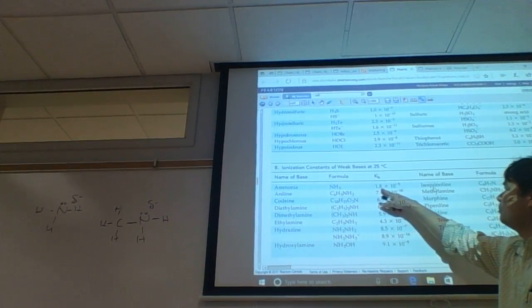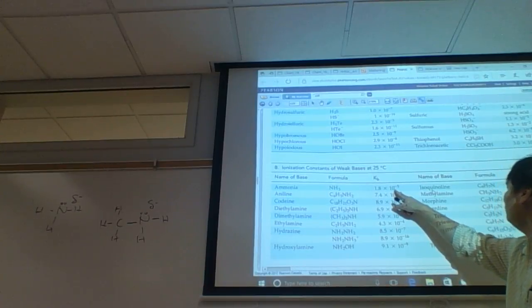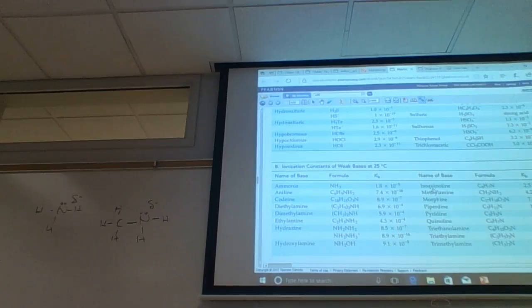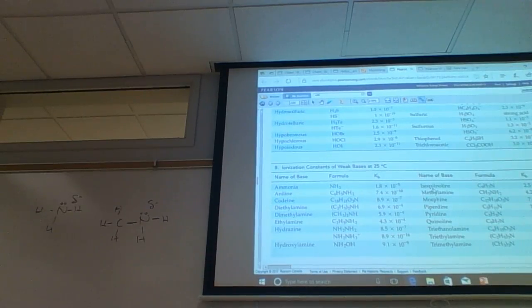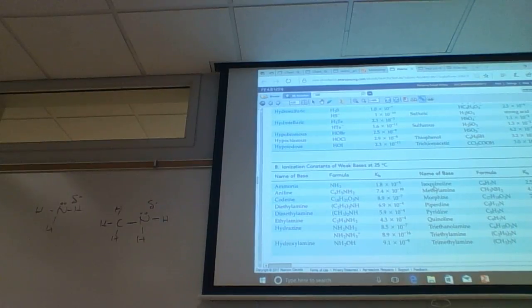Ammonia has a Kb of 1.8 times 10 to the minus 5. Methylamine has a Kb of 4.2 times 10 to the minus 4. So 10 to the minus 5 versus 10 to the minus 4, which one's going to produce more hydroxide? This is Kb, base hydrolysis producing hydroxide. Which one will produce more hydroxide, methylamine or ammonia?